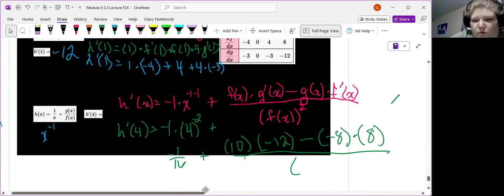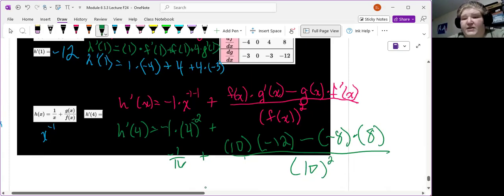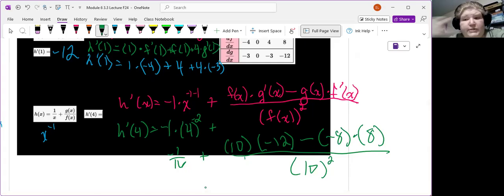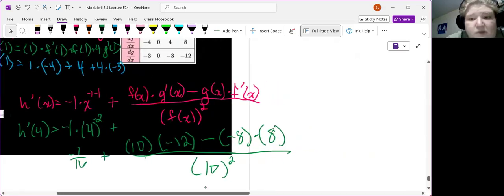So it will be over 10 squared. Now this is technically right here, all numbers. You could type this on the calculator, enter your SD or FD button to tell it, give me the fraction, and you're done. I don't have the fancy calculator, so I will crunch the numbers by hand.